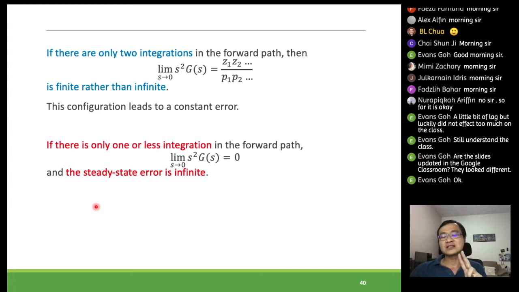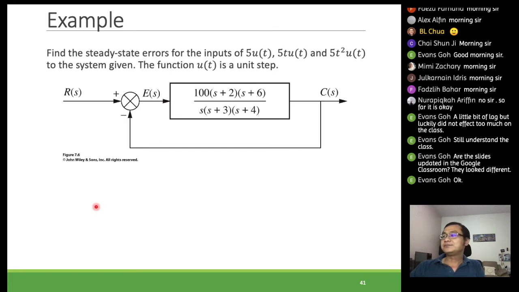If it drops further to 1 or less, then you will get infinite error. More is okay; less, and you have this undesirable steady state error.